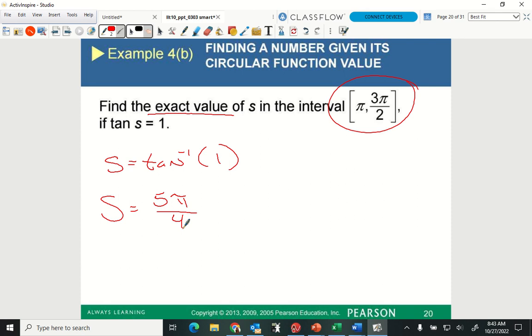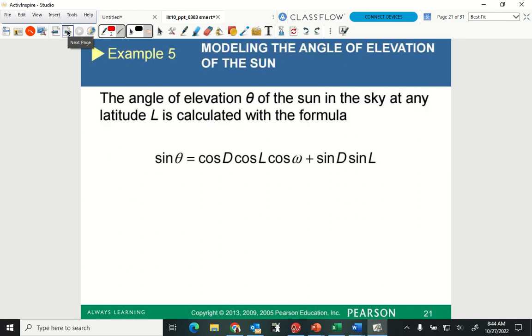So, let's keep going. All right. See all this hot mess right here? This is ugly, isn't it? Just plug it in. You're just going to plug in the values, because you're going to have angle of elevation theta, latitude L, with different formulas and all this other stuff. So here's the formula you're going to use.